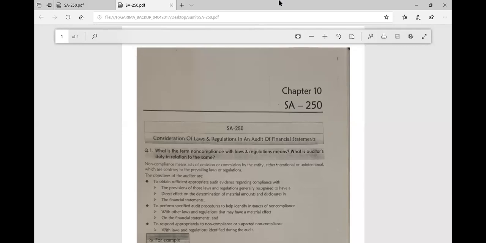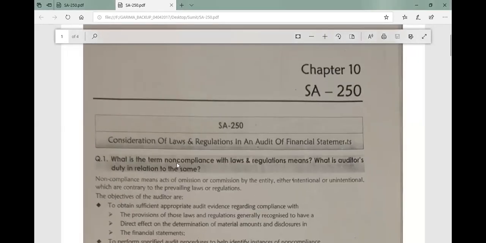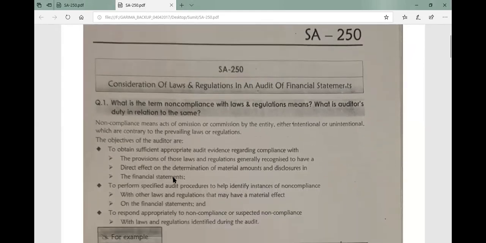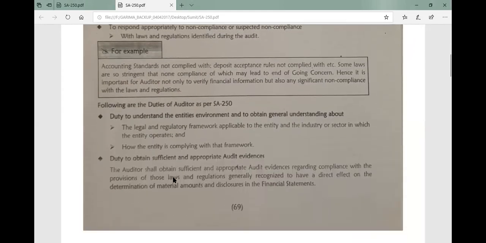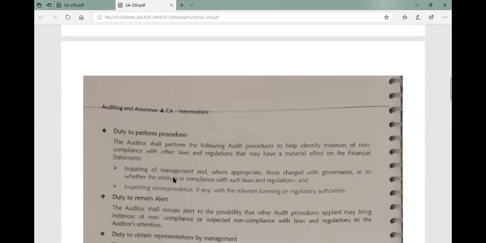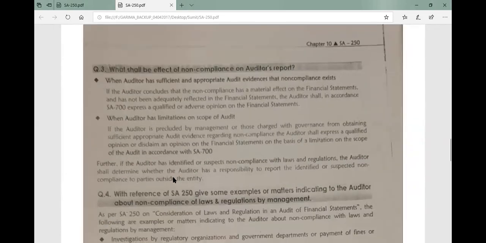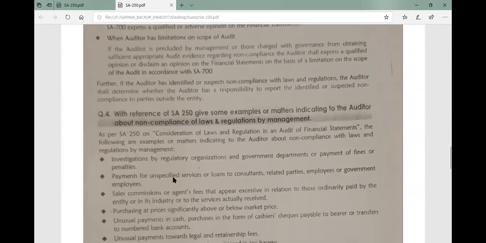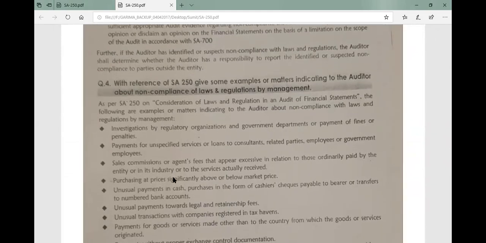Okay, there is one doubt which says, please explain point number 5 of question number 4. Let's go to question number 4. Point number 5. Okay, it says unusual payments in cash. Is that the point that you're talking about? Unusual payments in cash, purchases in the form of cashier's checks payable to bearer, or transfers to numbered accounts.